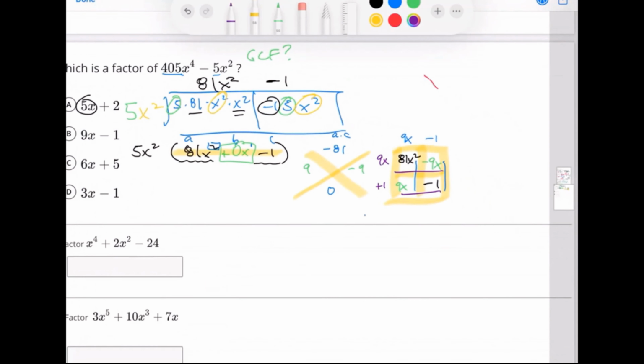So, let's choose green here. (9x minus 1)(9x plus 1) is going to be our answer.